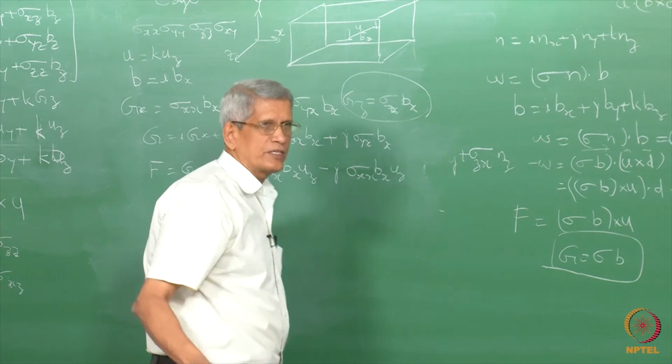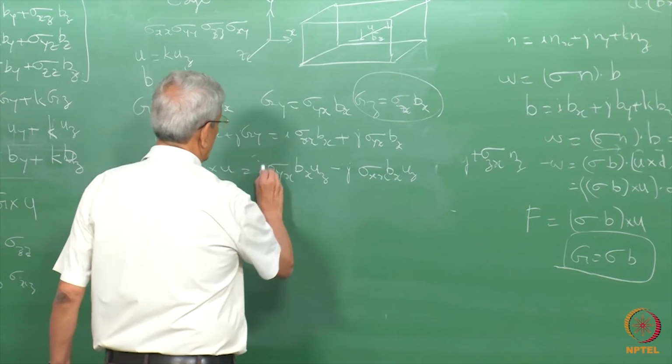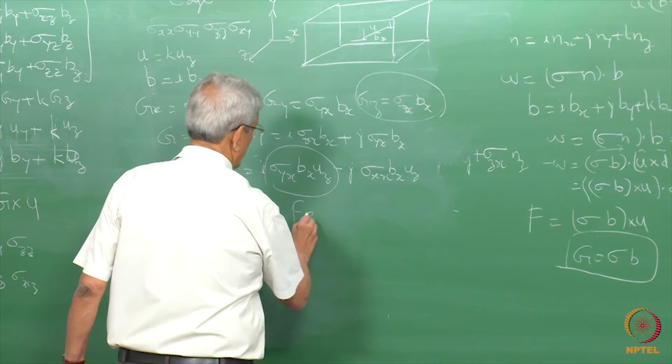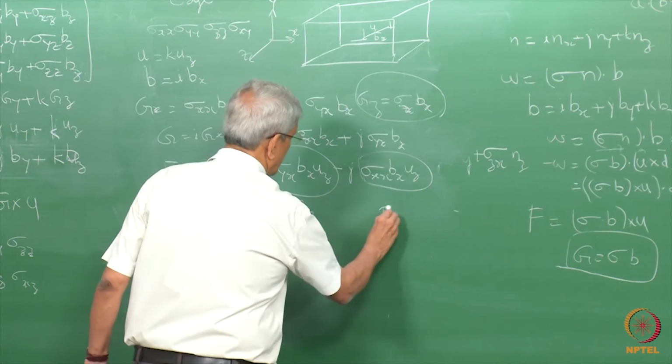Uz is the unit vector. So now we can see that this term corresponds to Fx, and this term corresponds to minus Fy, correct.